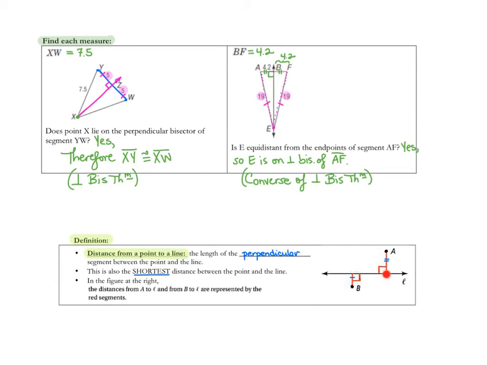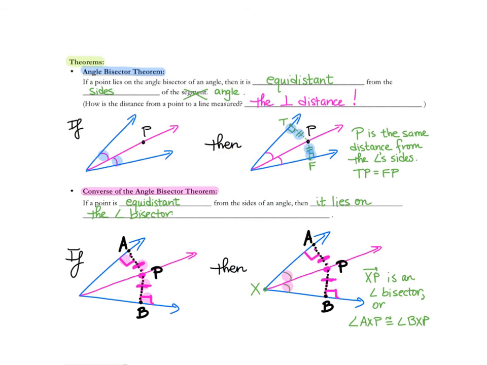So these little segments are representing the distance of point A from line L and the distance of point B from line L. Again, this is something you have to understand in order to be able to understand what's going to happen in the next two theorems.